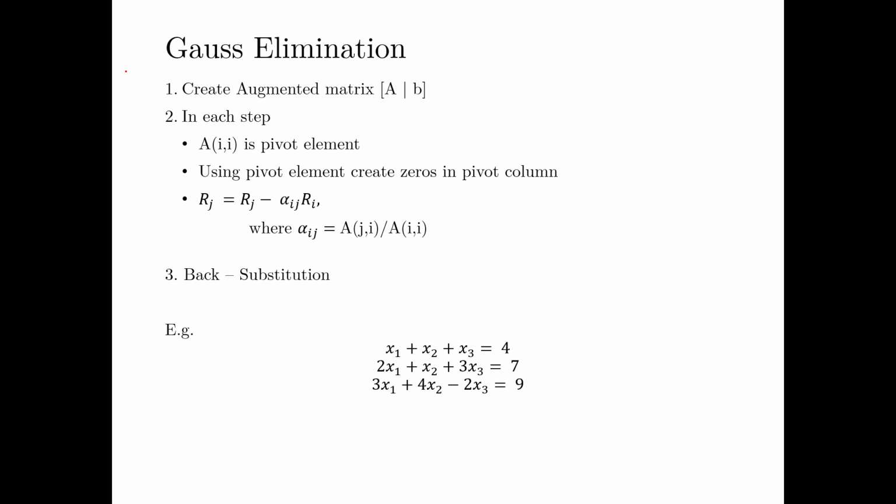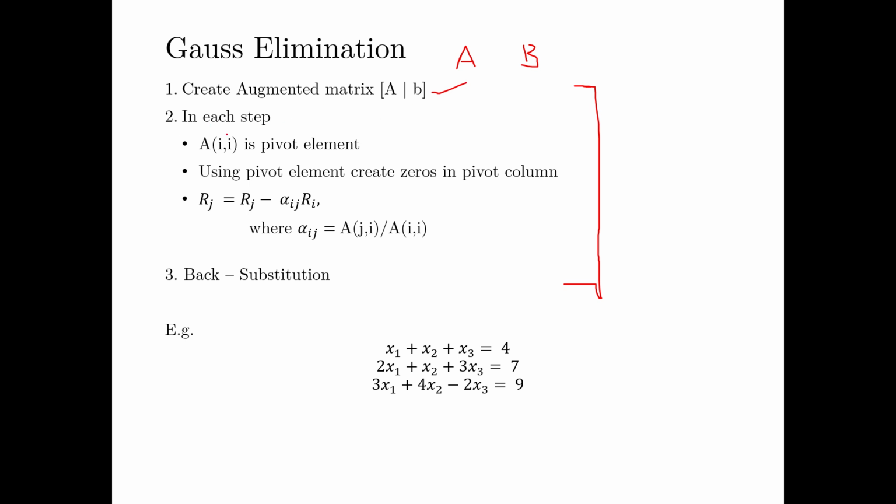So let us look at Gauss elimination, right? This is the flow chart or pseudo code for Gauss elimination. We have A and B matrices, which we get from our problem statement. We create an augmented matrix AB.